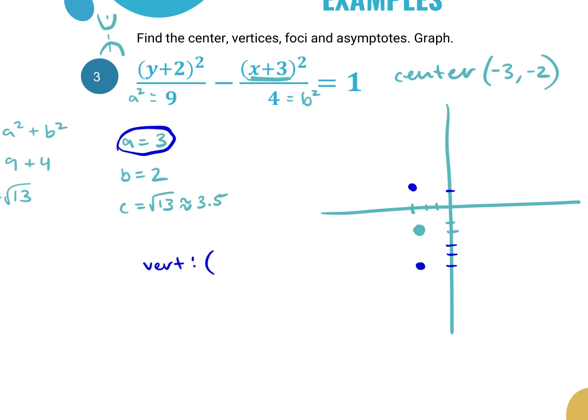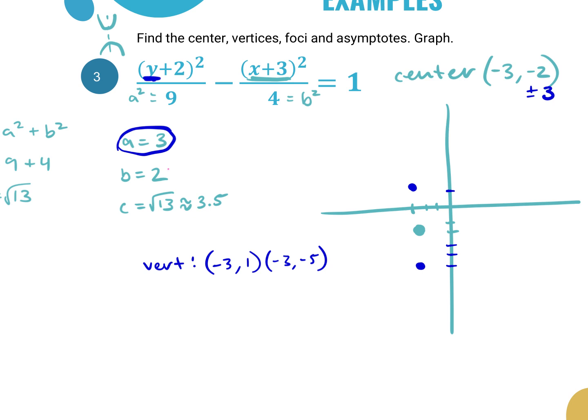Our vertices are going to be -3, 1 and -3, -5. You could always just look at your graph and see where you put them, or since it was being added to the y, we would just add and subtract 3 from the y of our center.